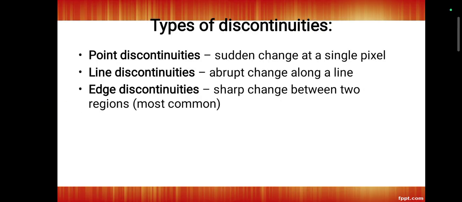The types of discontinuities are point discontinuity, line discontinuity, and edge discontinuity. Point discontinuities are sudden changes in a single pixel, line discontinuities are abrupt changes along a line, and edge discontinuities are sharp changes which happen between two regions.